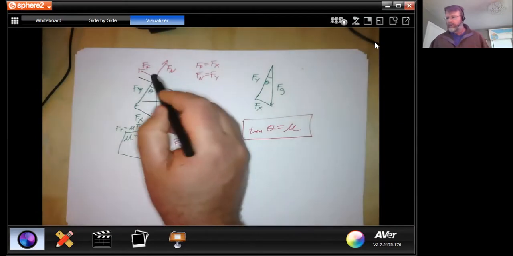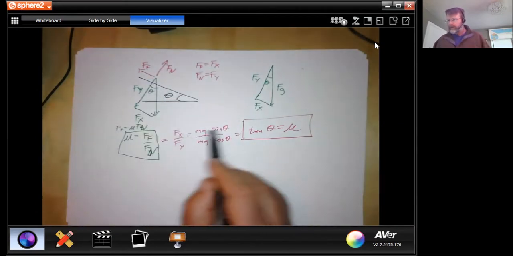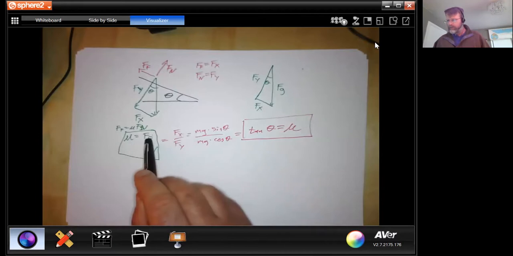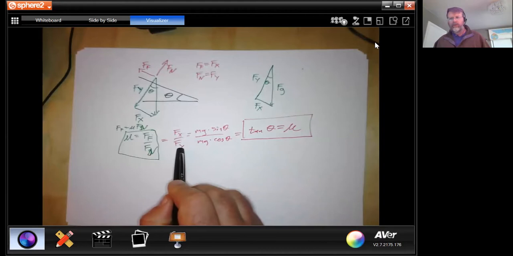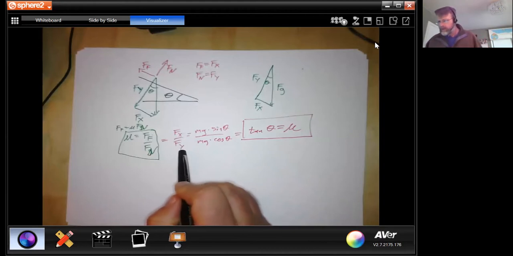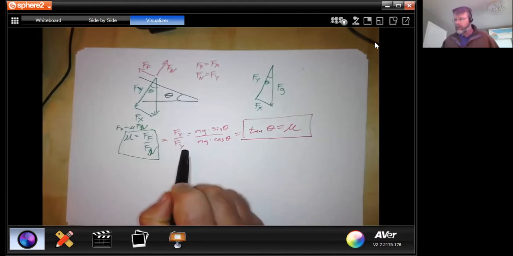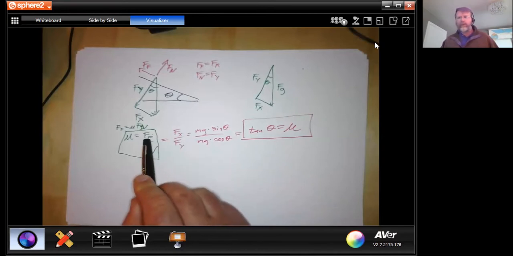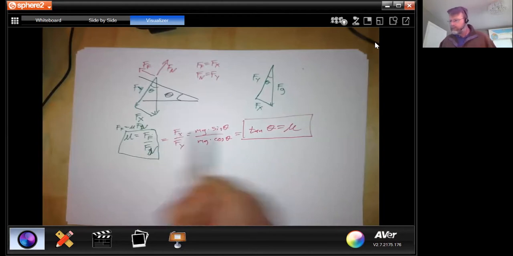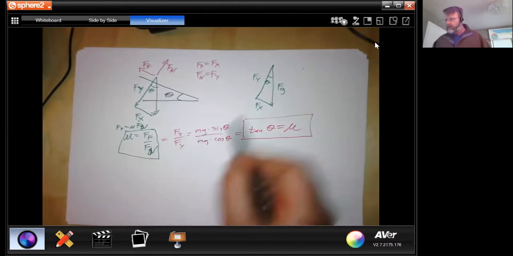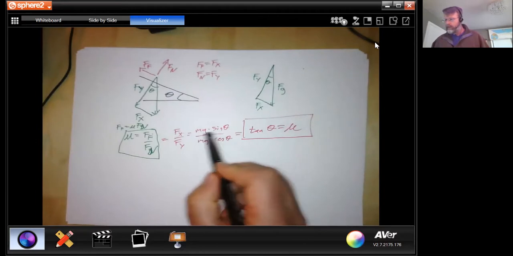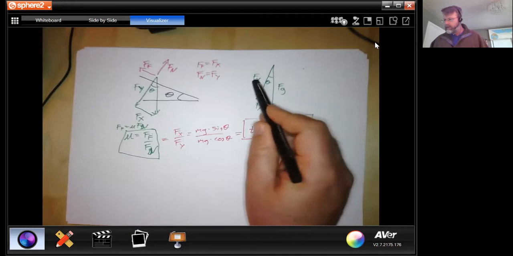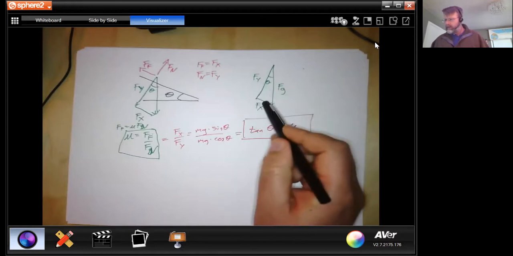And for that one specific moment, our force in the x equals the force of friction, and always our force normal equals our force in the y. Okay, as long as we're not breaking the board. So if this always equals this, and at that one point in motion, this equals that, then we can take our two legs of our triangle and plug in mass times gravity times the sine of theta, and mass times gravity times the cosine of theta.